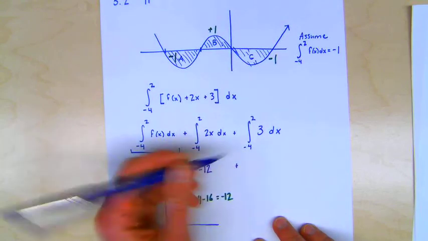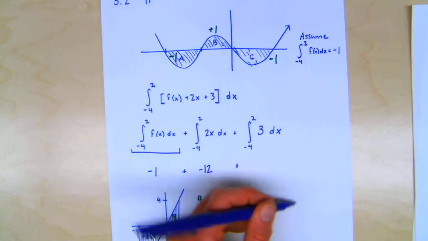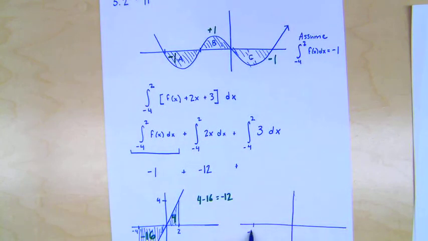And then this whole piece would be the total distance here. Again, maybe I'll draw a picture for this piece. From -4 to 2 at a height of 3.